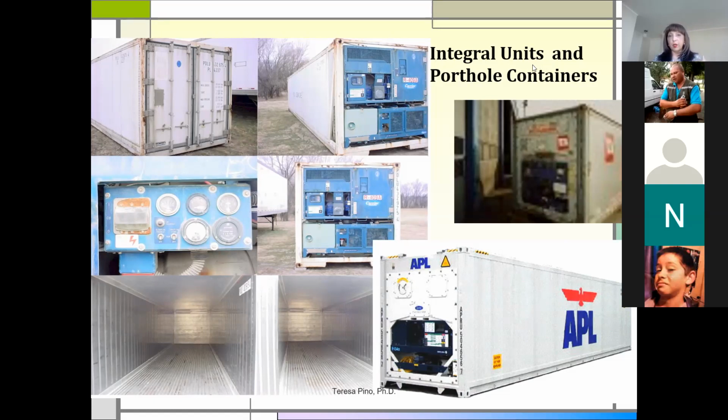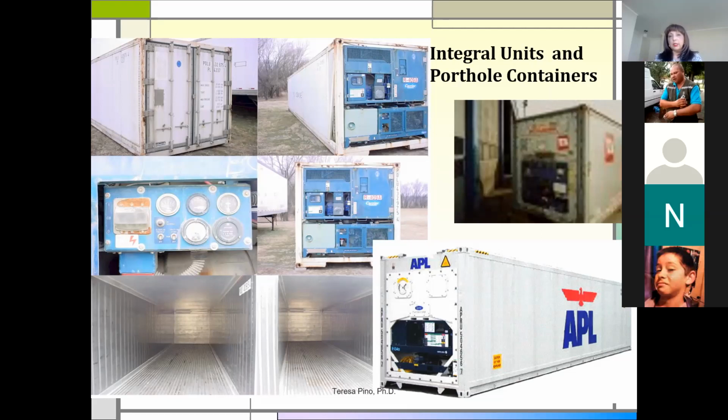The other type of container that has to be connected to the vessel or to the truck in order to generate the temperature control is called the porthole container. It's a little cheaper than the integral unit. When do you need one or the other? It's not because you like one or the other. It depends on the needs of the merchandise.